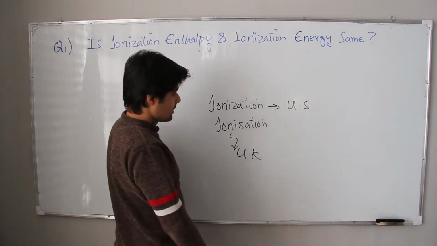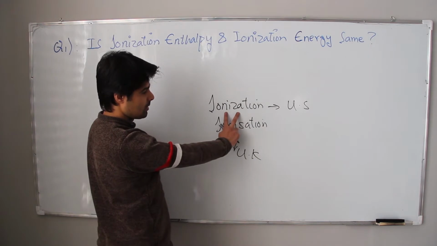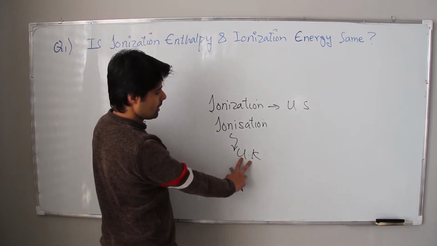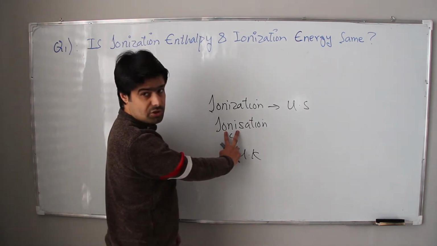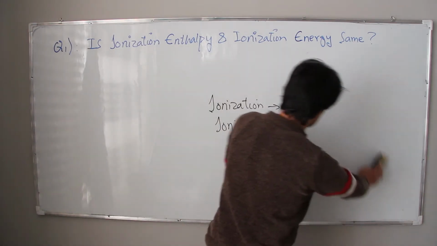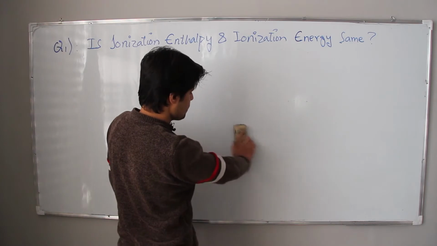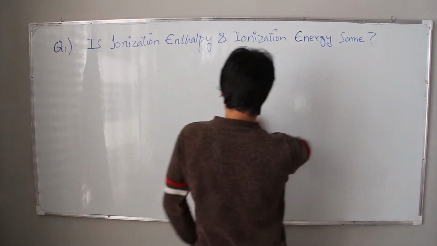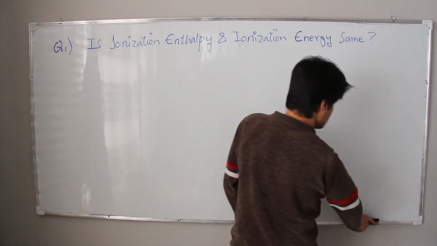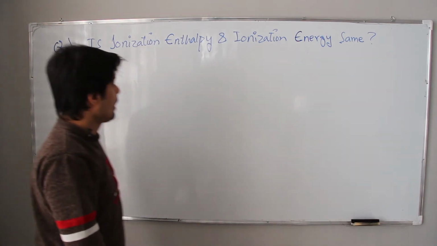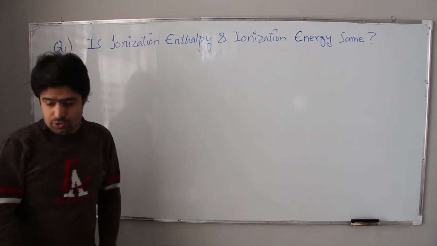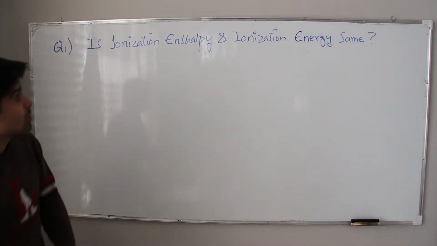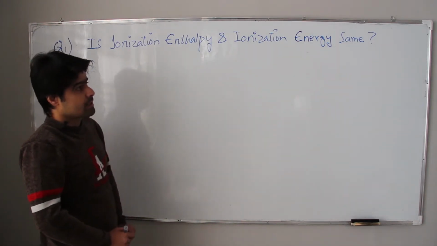In the US, ionization is written like this, but in the UK they write ionisation with such a spelling. By the way, I don't mean the spelling, but we have to talk about the scientific meaning of ionization enthalpy and ionization energy. What is ionization enthalpy and what is ionization energy?